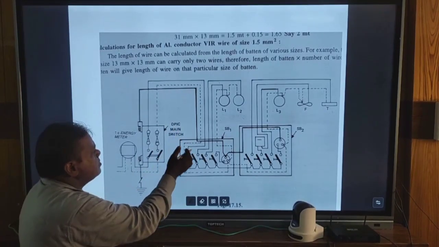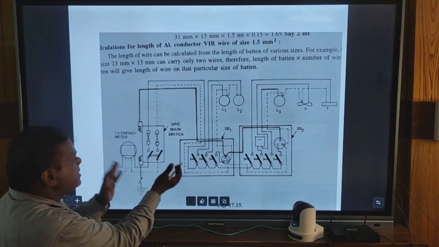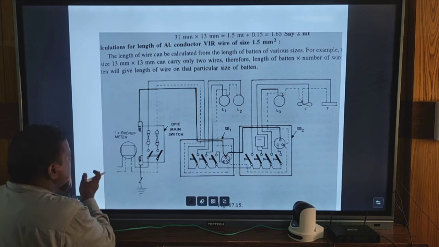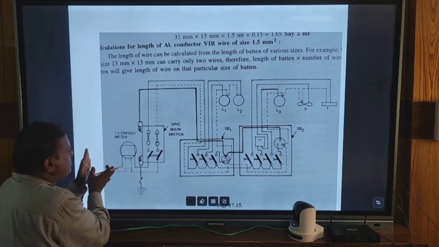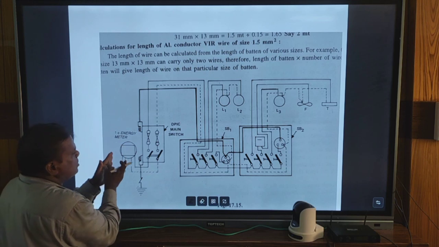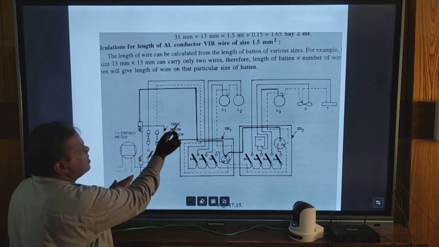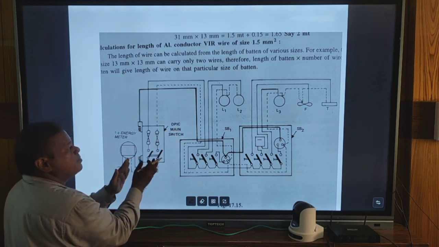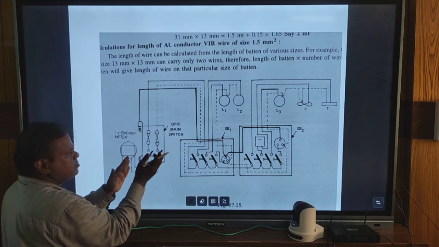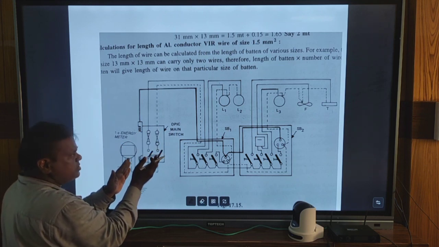The next diagram shows the wiring diagram. In the wiring diagram, first the supply is given to the energy meter, from the energy meter to the DPIC switch, double pole iron clad main switch, as per the selection considering the amperes.